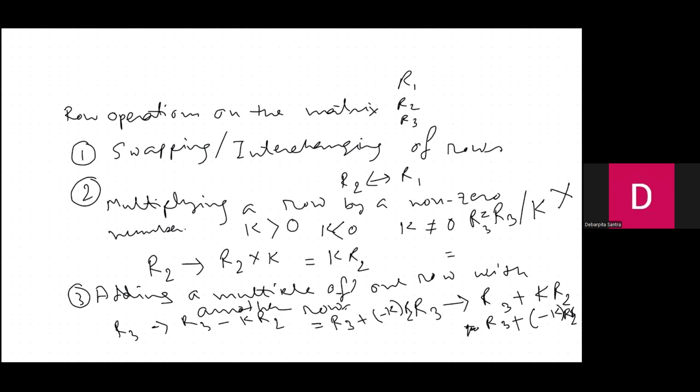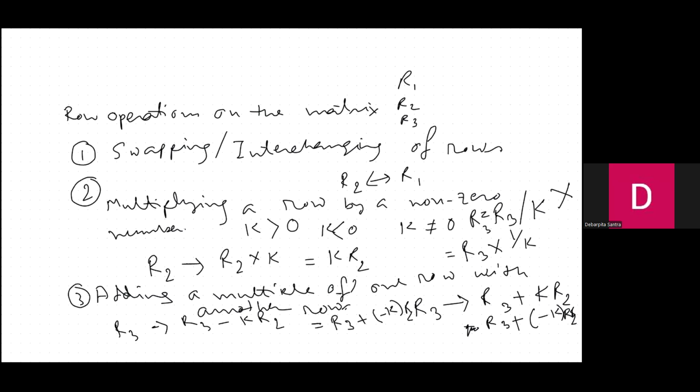So what we can do is R3 into 1 by k. That means R3 by k. So here we divide using multiplication. In rule number 3 we can subtract by adding a negative number. So these are the three elementary row operations that are needed for Gauss elimination method or any kinds of elimination methods.